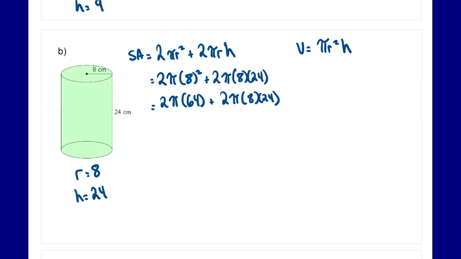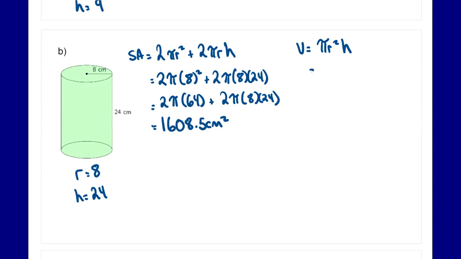Now I have to multiply. I'm going to multiply each one separately and then add them together. Or you could just type this all into your calculator at once. Remember, pi is 3.14, or use your pi button. You should get a surface area of 1,608.5 centimeters squared, because it's area.